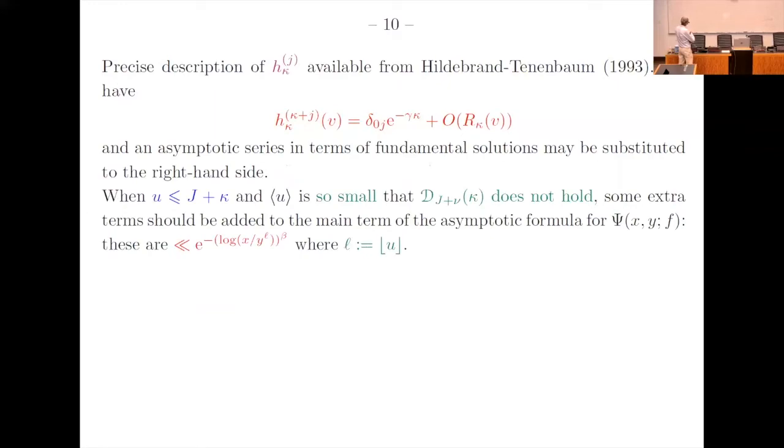Okay. So as previously, we have a good estimate in a domain where the fractional part is not too small when u is small.